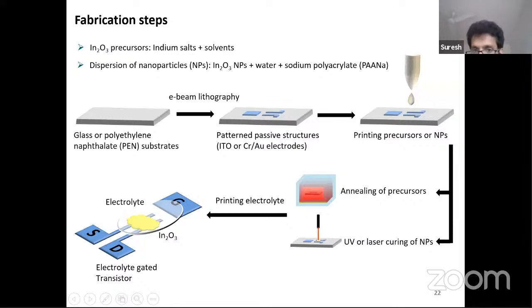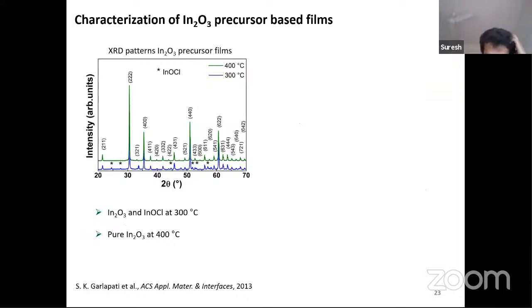using oxide semiconductors and electrolyte gating concept. Of course, before I show you the electrical characterization, I just want to show you the structural characterization. So XRD, does anyone know what is XRD? X-ray diffraction. Does anyone know X-ray diffraction? How it works, and what kind of information do you get from X-ray diffraction?